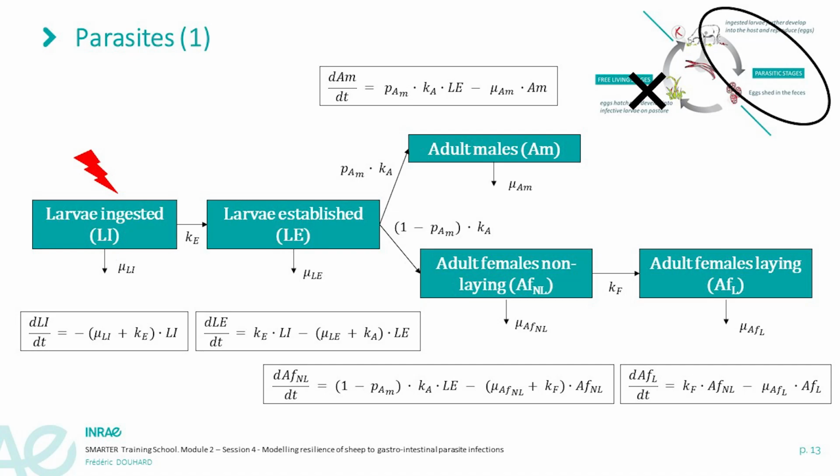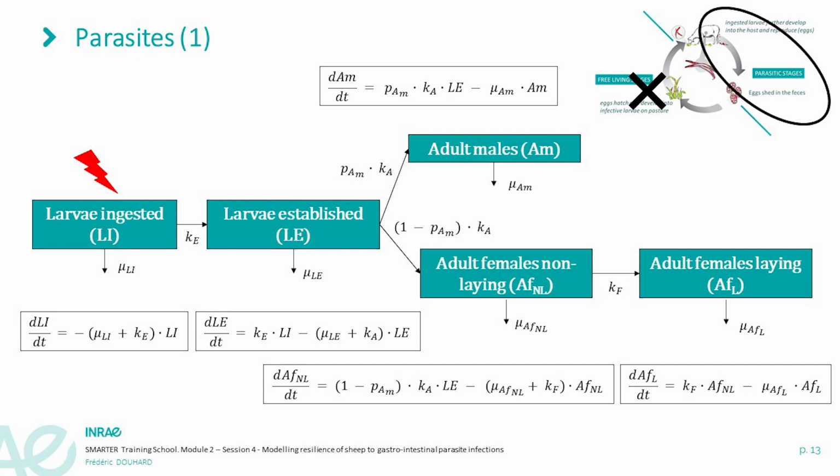And the larva established, there is an input and two outputs, the mortality and the transition to the adult stage. So this is the input, and these are the two outputs, mortality and transition to the adult stage. And so on.